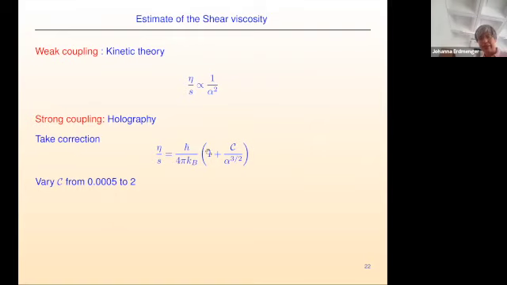And okay, so here again we see our nice result for eta over S that I explained before. But now we went away from this limit where the coupling is absolutely infinite, and we calculated the first correction in terms of the coupling constant between the electrons. Okay, and we find it to look like this.